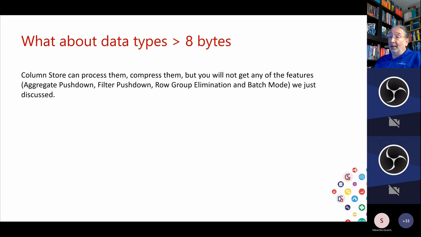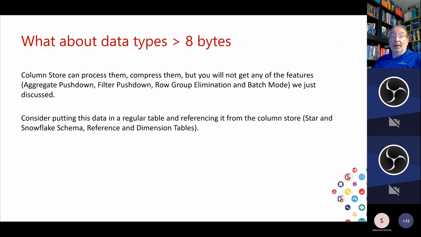It just sits there. But if that column is part of your query, a lot of the optimizations cannot happen. Some can still on the other columns. But for example, batch mode is out of the window the moment you have one of these columns because they cannot squeeze it through that pipeline. So that's it. It works. It's there.